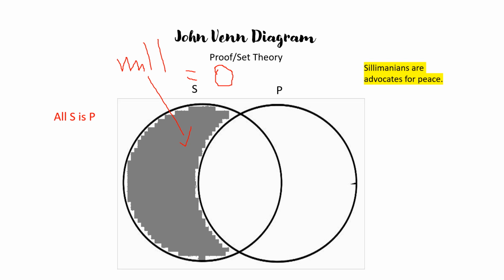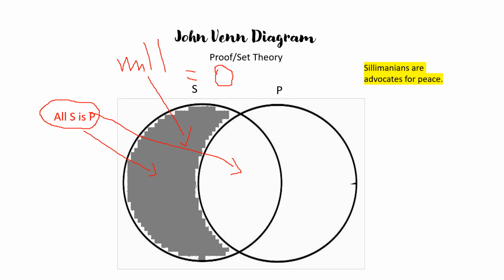In other words, this proposition here, all S is P, does not actually point here, or to some extent it does, but only in reverse, because it actually shows this part. This is the class of S that is inside P, right?